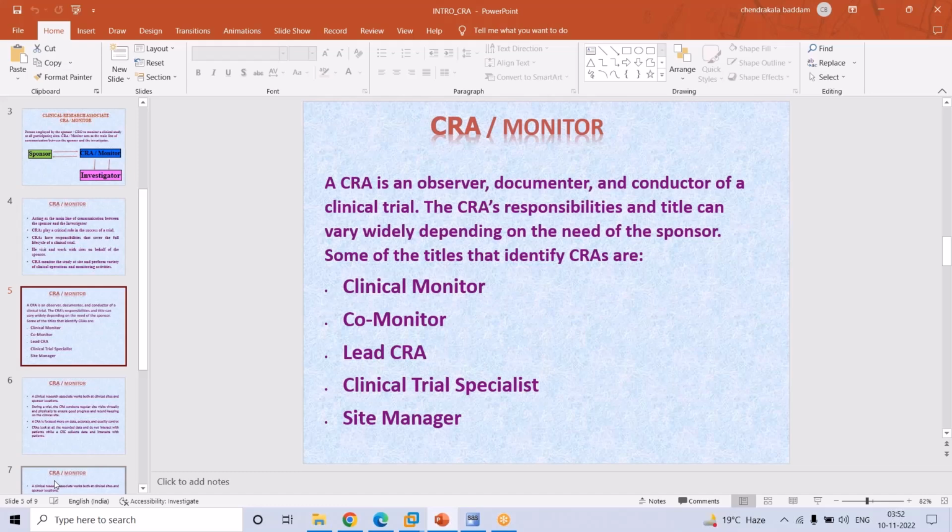So CRA responsibilities and title can vary widely depending upon the need of the sponsor. So you can see here some of the titles: clinical monitor, co-monitor, co-CRA, lead CRA, clinical trial specialist, site manager. Alternate names for the CRA, alternate job designations for the CRA.